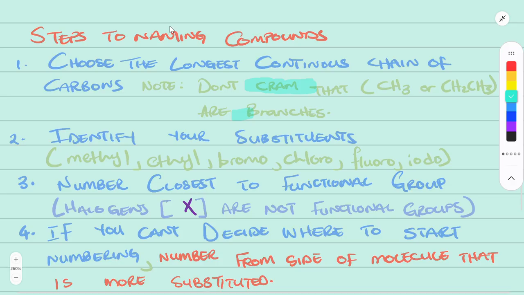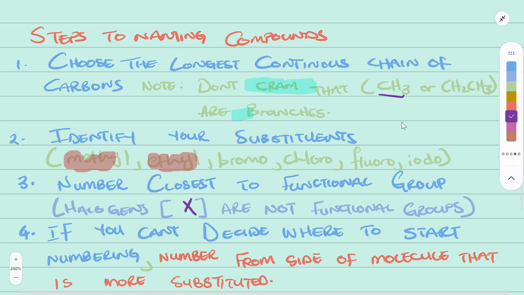Then, number two, you have to identify your substituents. Your substituents are going to be your methyl, your ethyl, your bromo, your chloro, your fluoro, iodo. Your methyl and ethyl are going to be your side chains. A methyl looks like CH3, but your methyl and ethyl come from the alkyl group.